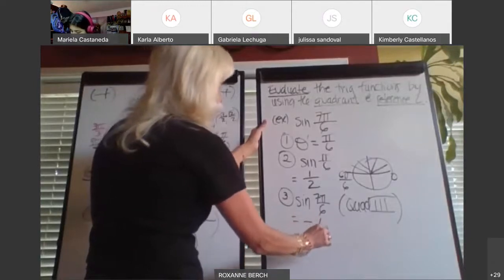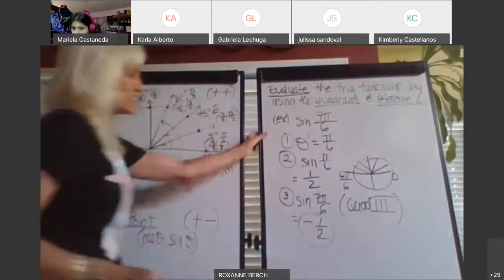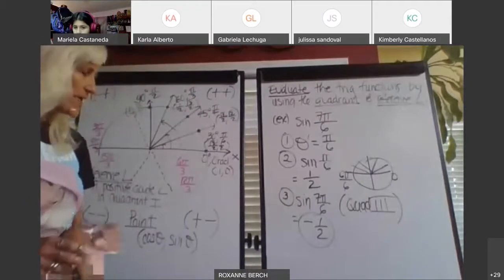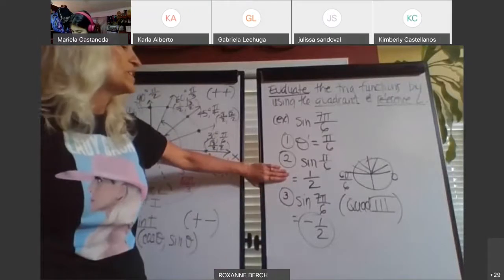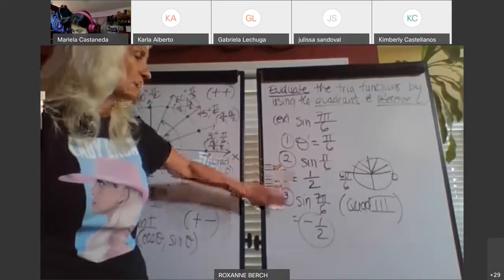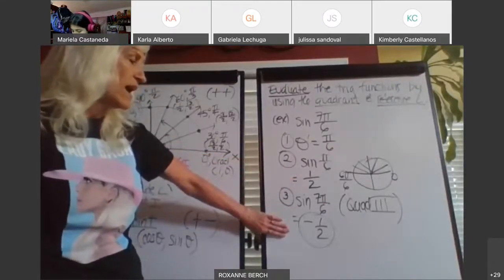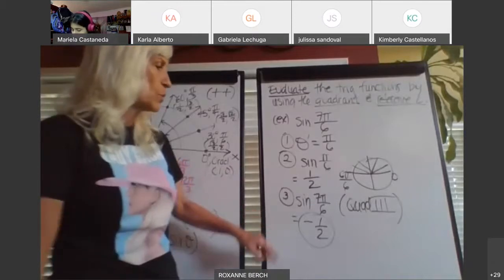Negative. So last time I didn't write it like that, so don't get confused. Here we're evaluating the reference angle, and then we turn around and use that to evaluate our actual angle.